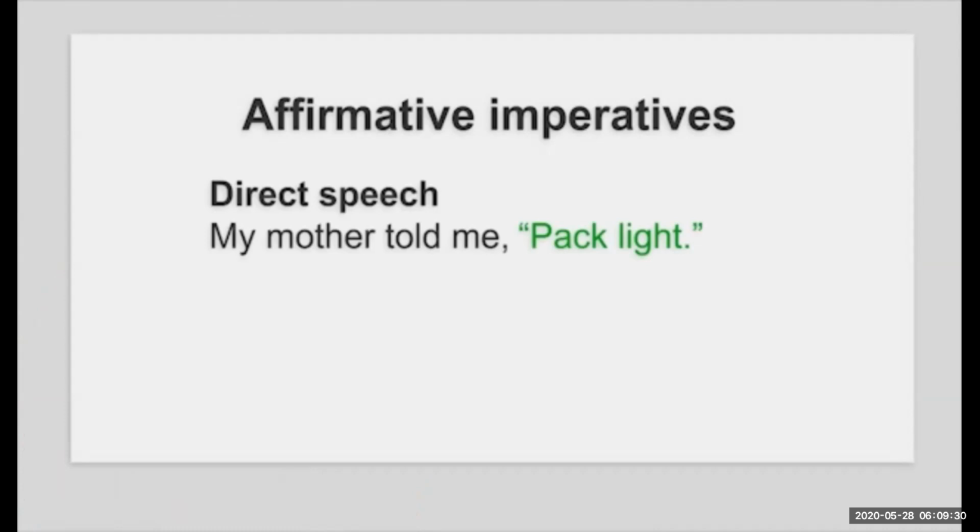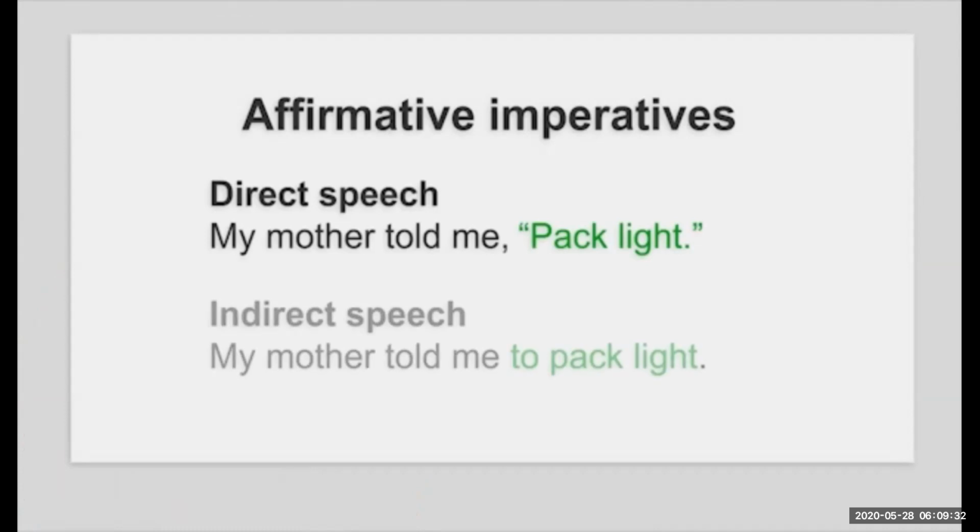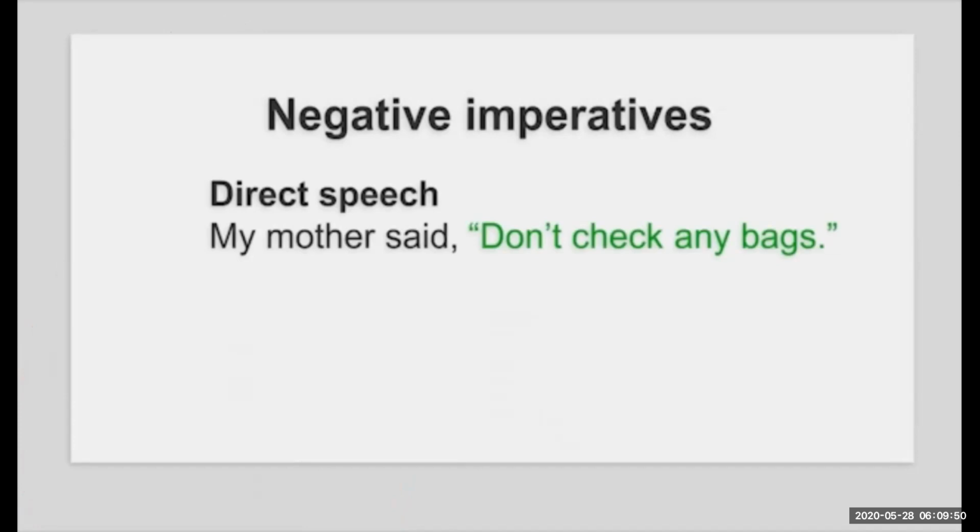When we change direct speech to indirect speech, we don't use quotation marks. An imperative in direct speech becomes an infinitive in indirect speech. When the imperative is negative, we put the word not before the infinitive. For example, my mother said, "Don't check any bags."